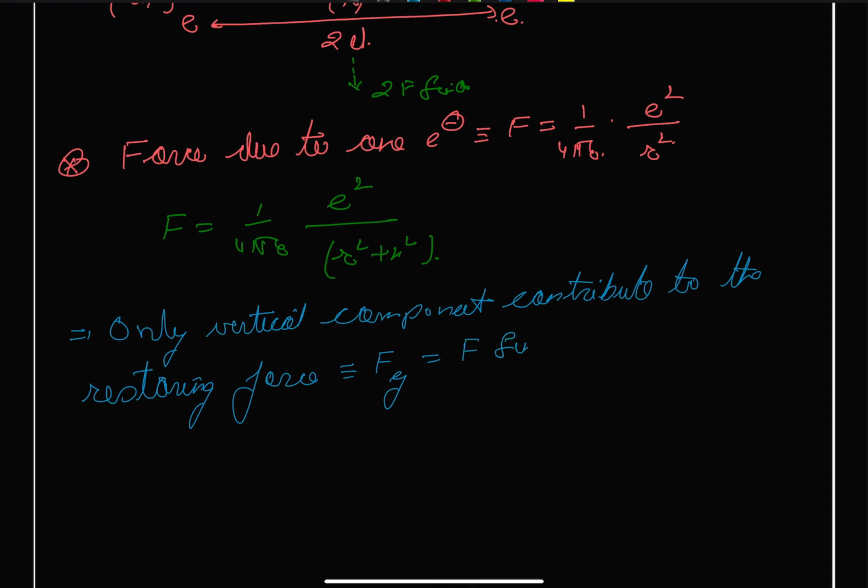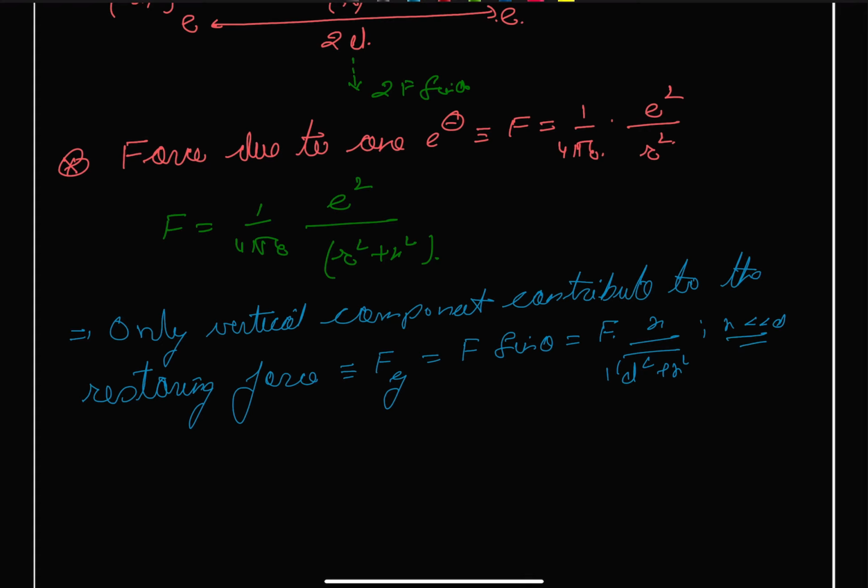And we can substitute the value of F as well as sin theta. So F we write as it is, and sin theta comes as x upon the square root of d square plus x square. And we are given that x is very much smaller than d.